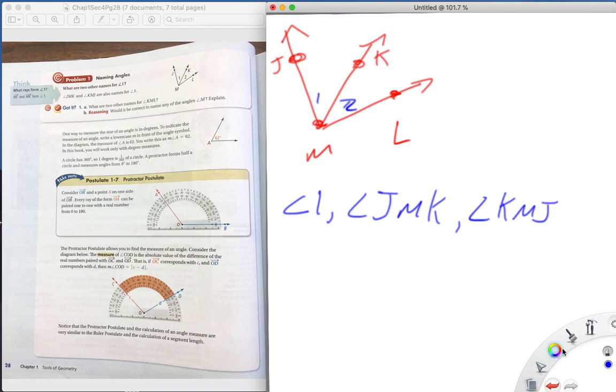For angle 2, we can call it angle 2, angle KML, and angle LMK. So there's 3 ways to name each angle according to this particular picture.